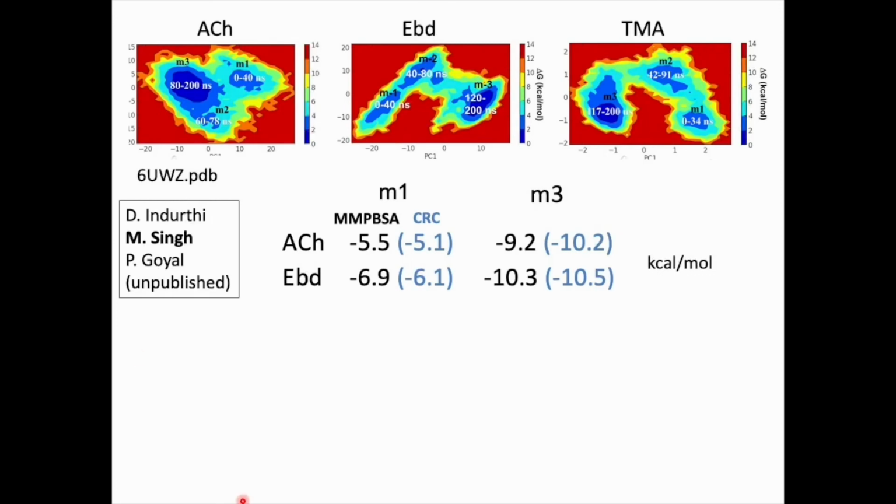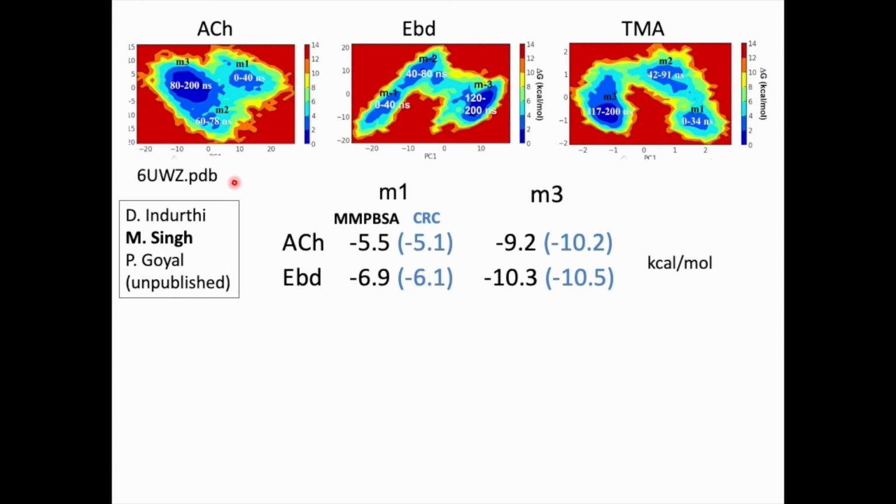I mentioned that it might be possible to calculate efficiency from PDB files, and this slide is an example of that. This is unpublished work by these people shown in the box, Dinesh and Durthy, MJ Singh, and Pooja Goyal, and it should be treated as preliminary, but I'm going to show it anyhow.